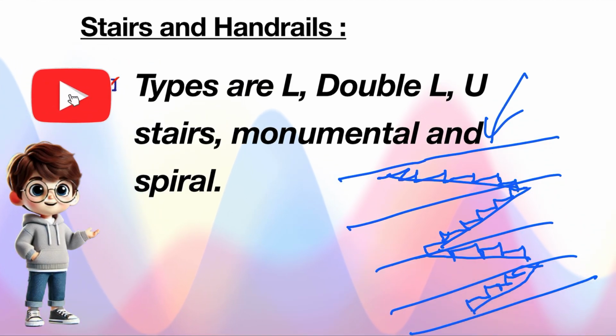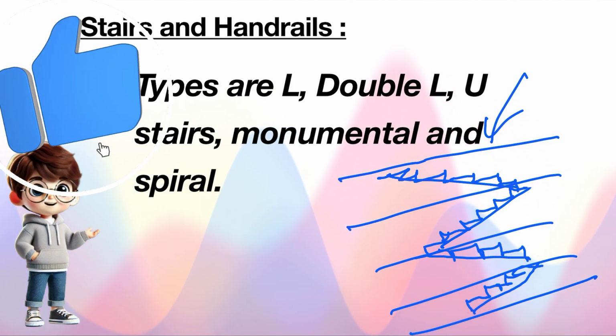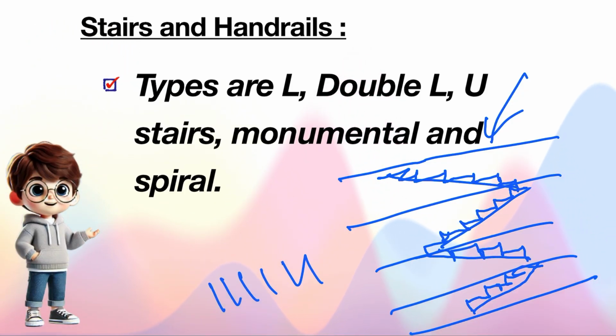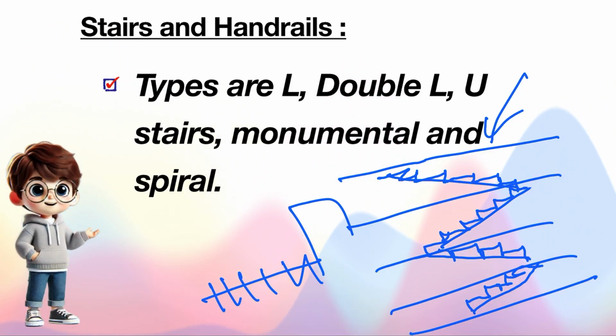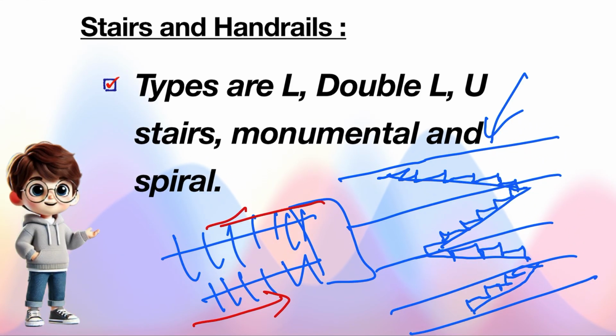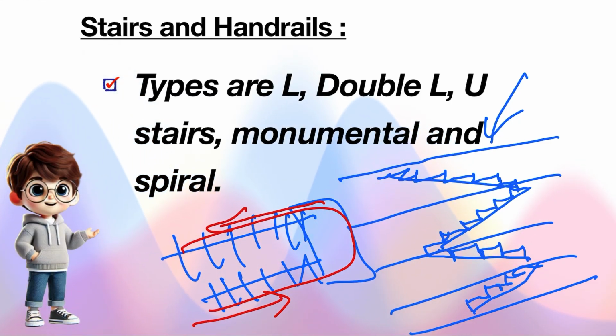If you see it from the top view, it looks U-shaped, like this steps will be, and this will be the landing, and again like this steps will be. Here it is going up, and from here it will go up. So this is U-shaped stairs.